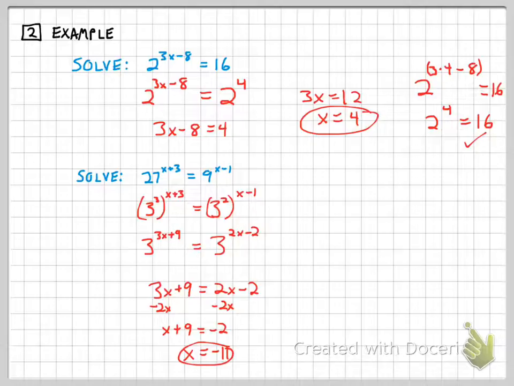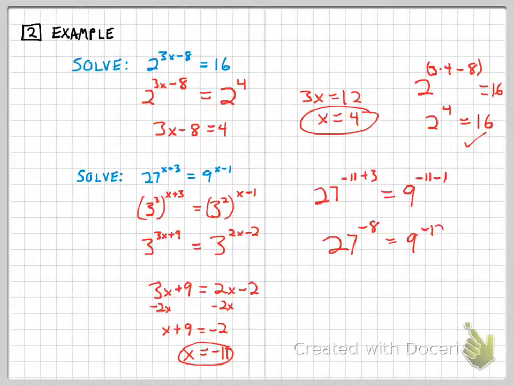If I want to do a quick check, 27 to the negative 11 plus 3 power should be the same as 9 to the negative 11 minus 1 power. So 27 to the negative 8th equals 9 to the negative 12th. You could pull out your calculator and verify that, but those end up being equal amounts.